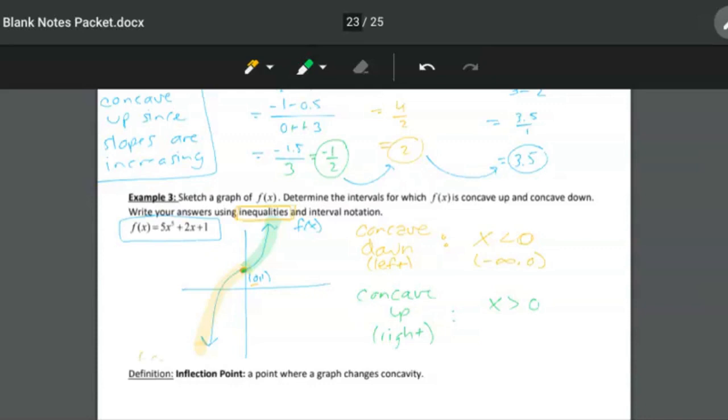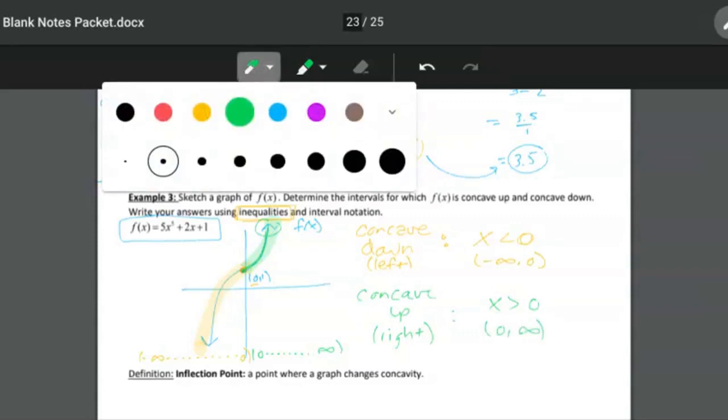Starting at -infinity all the way to 0, that part of the graph is cupping down. That's your interval notation. And then the right side is cupping up. We could say starting at 0, going all the way to this arrow on the right to +infinity. That part is cupping upward. So that interval notation would be 0 to infinity.